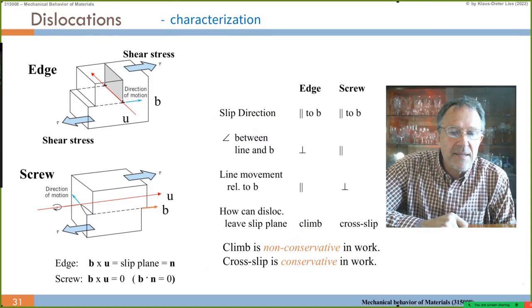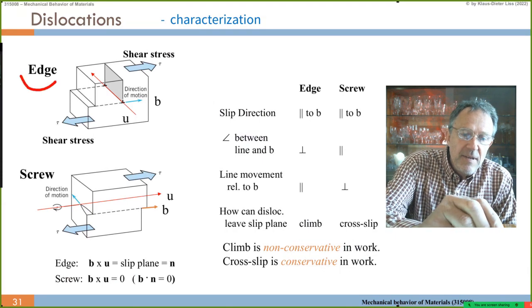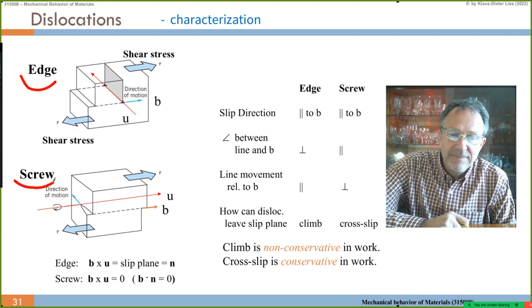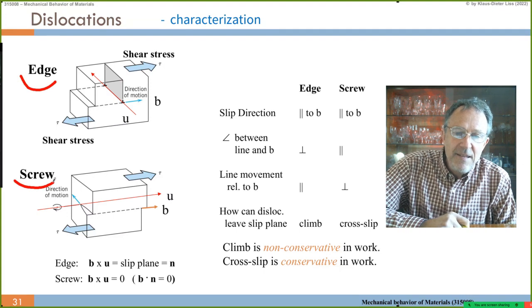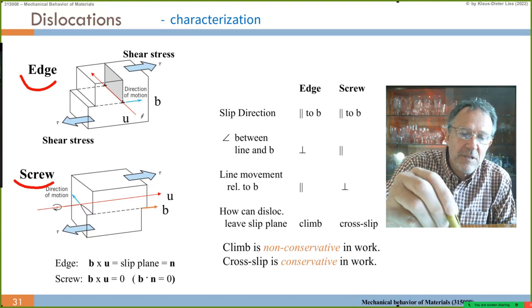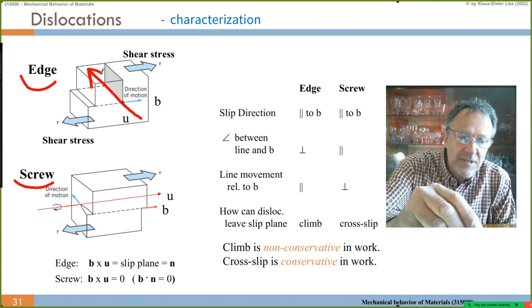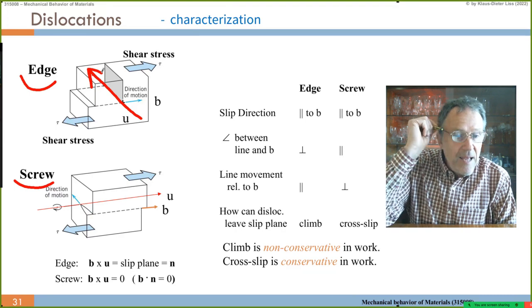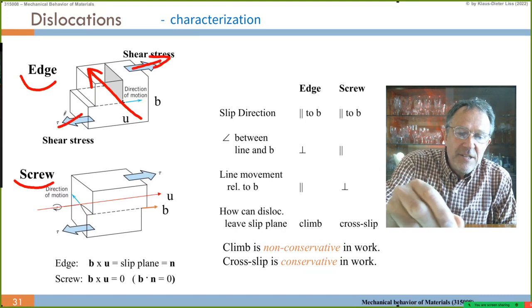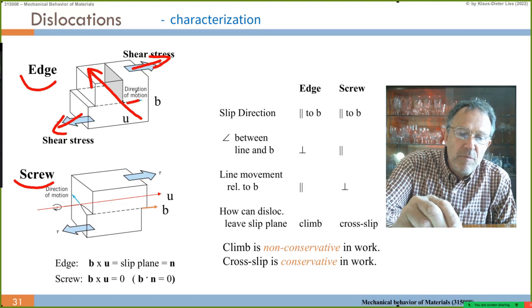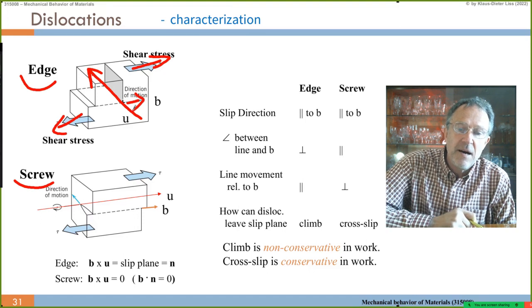So let's characterize the dislocations a bit further. I introduced the edge dislocation and the screw dislocation. In the edge dislocation, for the movement, well, first of all, we have a dislocation line, which is this direction. And as we apply a shear stress, it will move, and the direction of motion is given here.